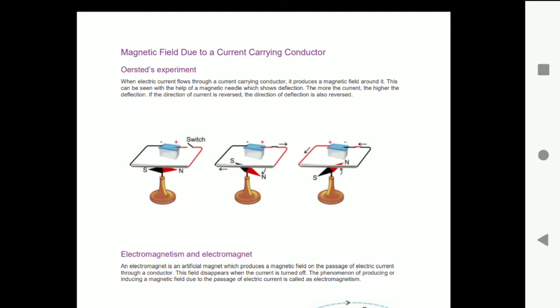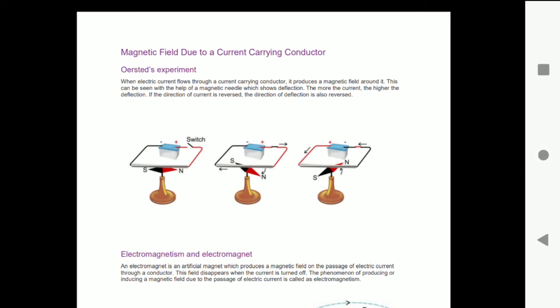Now we will describe Oersted's experiment to show that a current carrying wire produces a magnetic field around it. Take a long straight copper wire, a battery and a plug key.